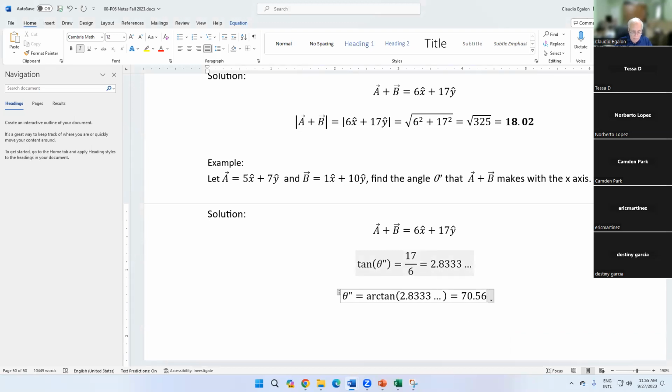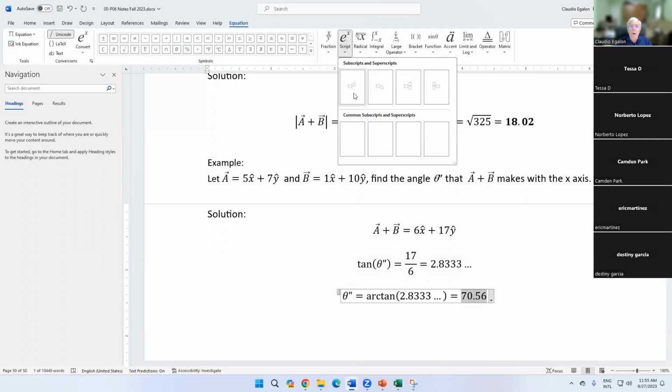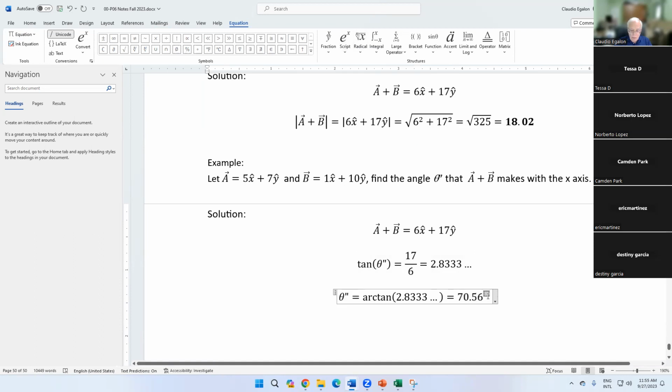Oh, my keystroke got lost here, unfortunately. So we have a little problem with this keystroke.